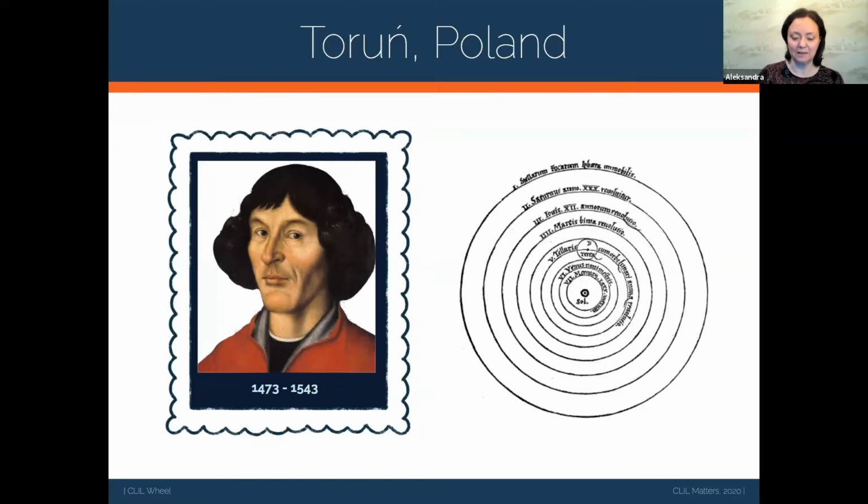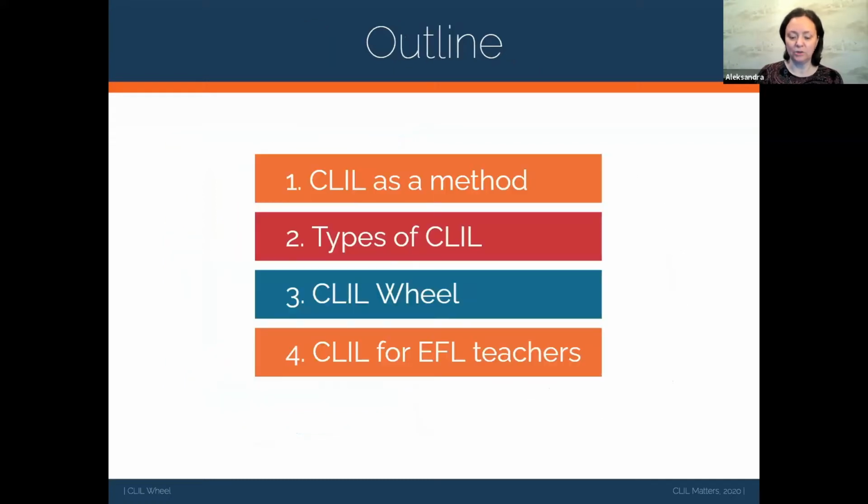So yes, Nicholas Copernicus was born in Toruń, and he spoke 4 languages. So this is also a great connection. I don't want to take too much time talking about Copernicus because there is a lot to share today with you.